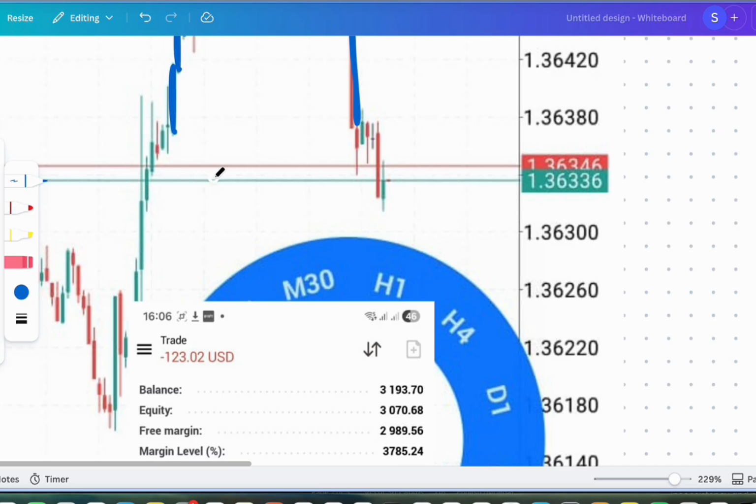So when you go back to your chart, have you taken any trade on your demo? No, I've not taken it. But I have just gone through the app. Great. So when you take buy and you take sell, watch this line.